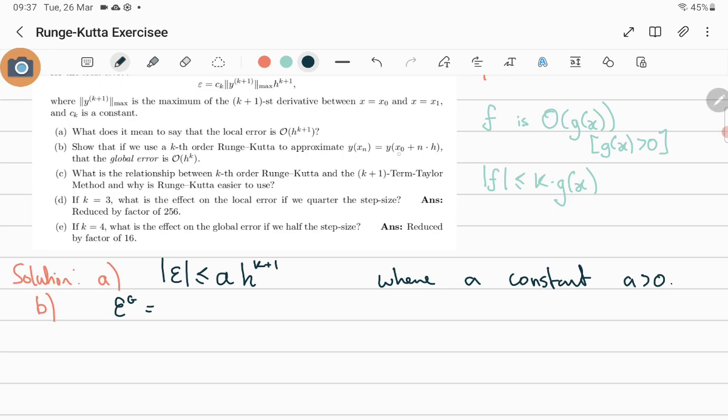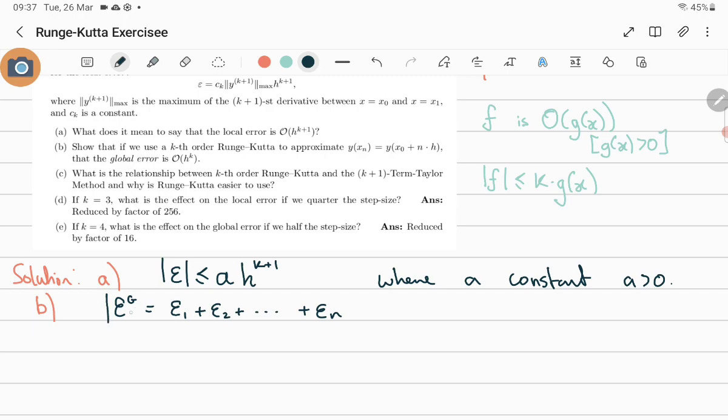If you're going from x0 to x0 plus nh, you've got n steps, so epsilon 1 plus epsilon 2 plus dot dot dot epsilon n. We work with absolute values because we want to show that the absolute value of the global error is less than some constant times h to the power k.